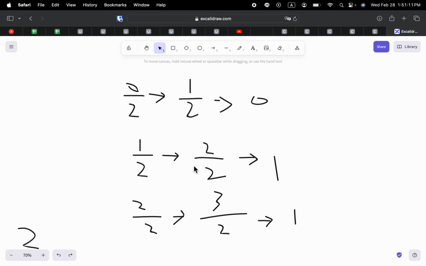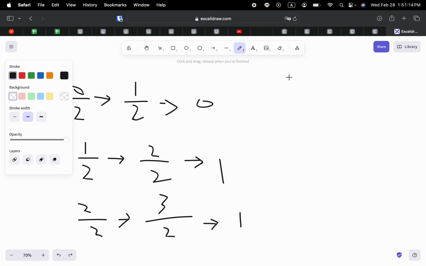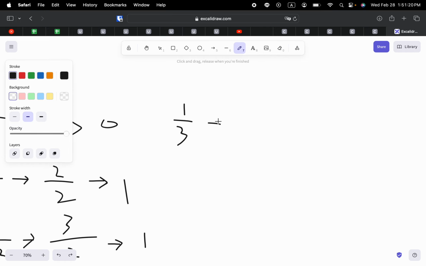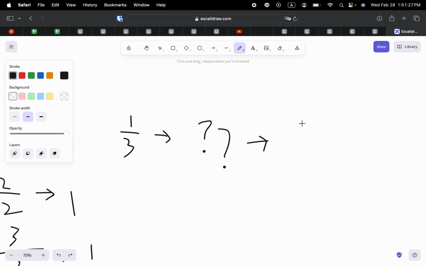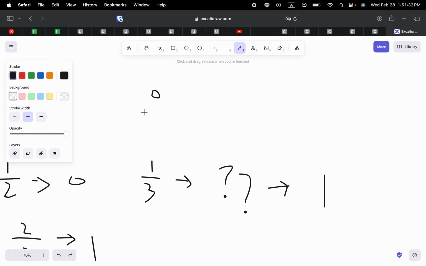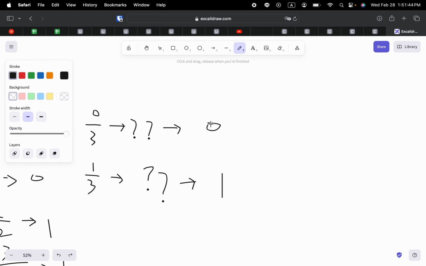But now let's think about 3. 1 over 3, and you want the answer to become 1, but for 0 over 3, you want it to become 0.